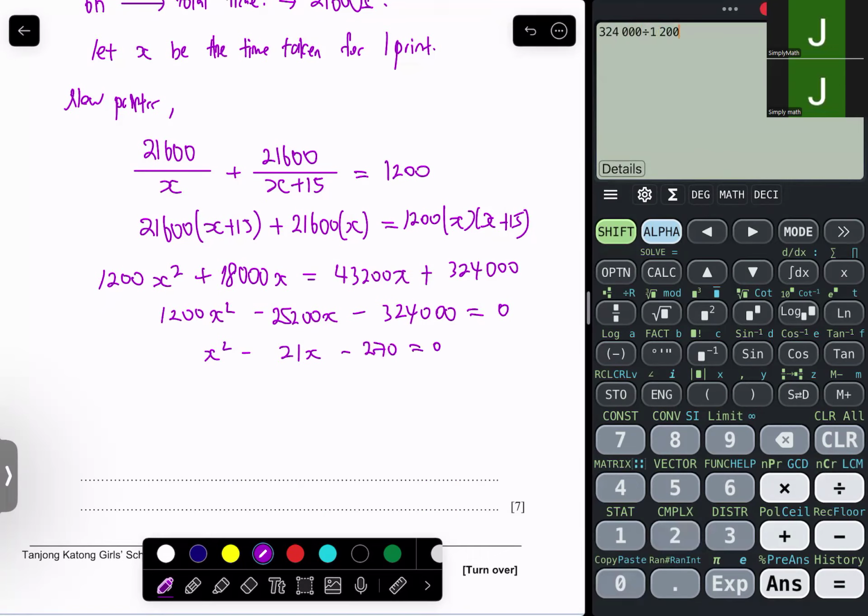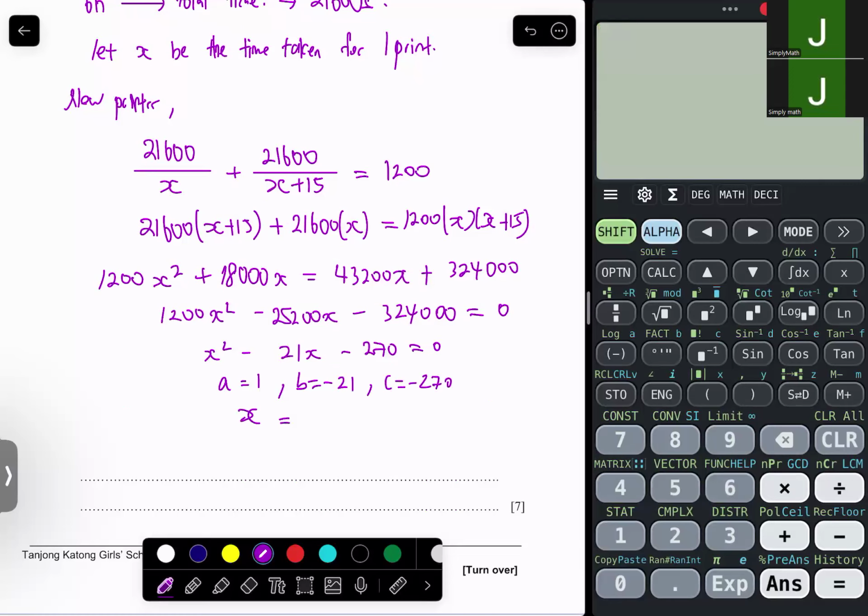Okay. So we'll have X minus, X plus. Okay, let's see. Maybe I just use formula, right? A equals 1, B equals negative 21, C equals negative 270.